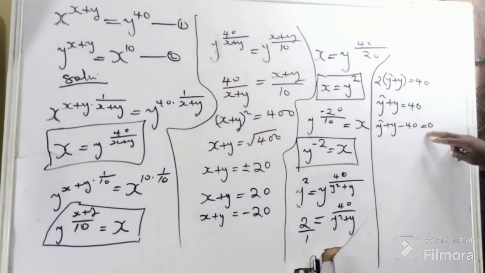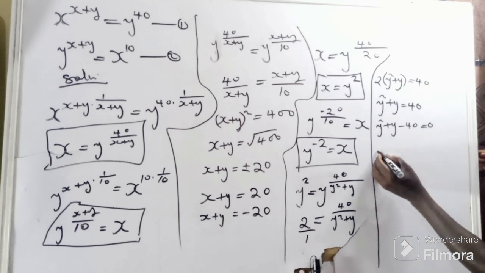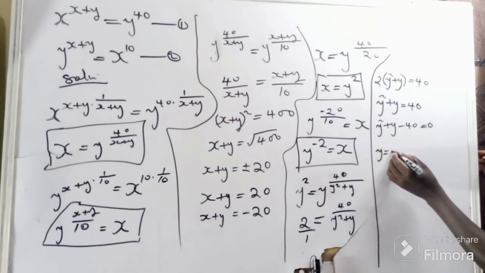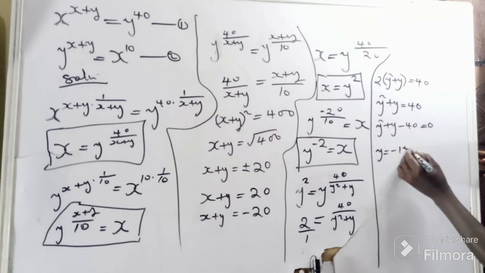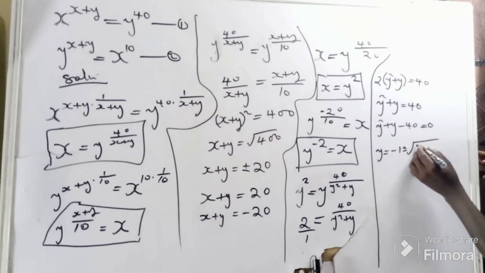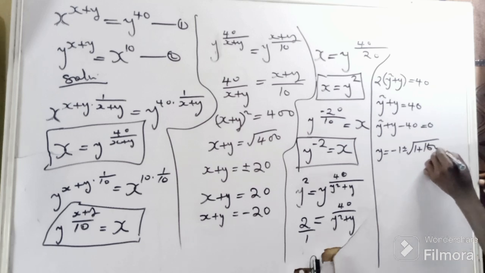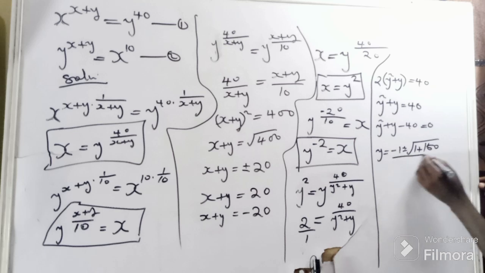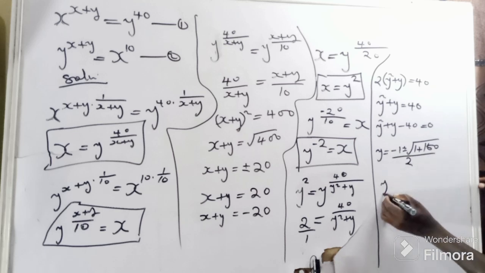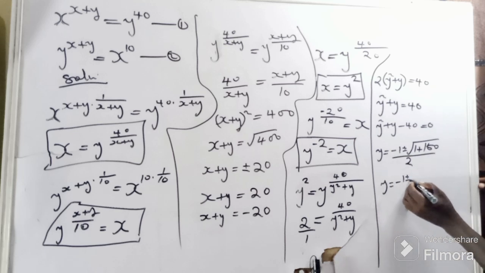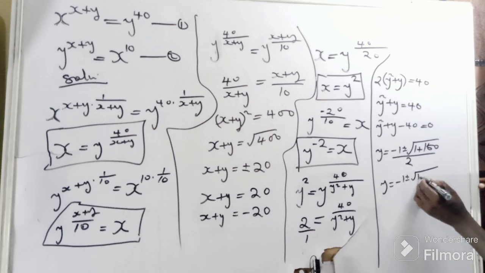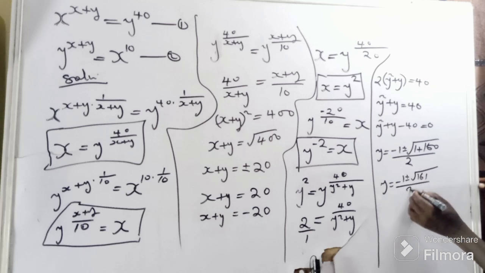So let's solve it quadratically. So y is equal to minus 1 plus or minus the square root of 1 plus 4 times 40, 160, divided by 2. y is equal to minus 1 plus or minus the square root of 161 divided by 2.